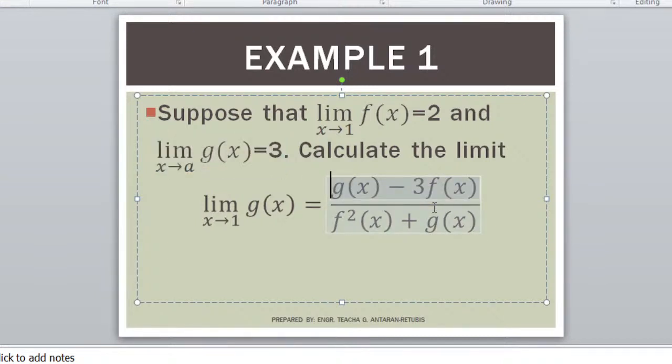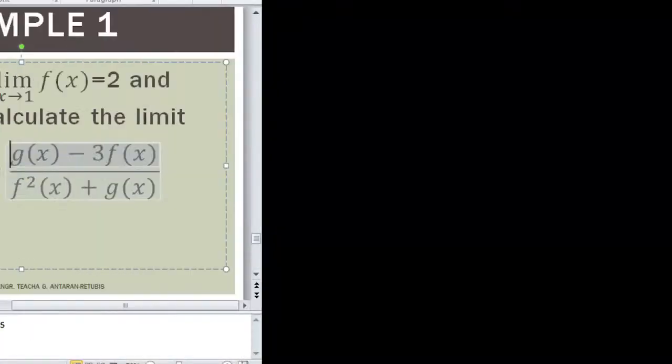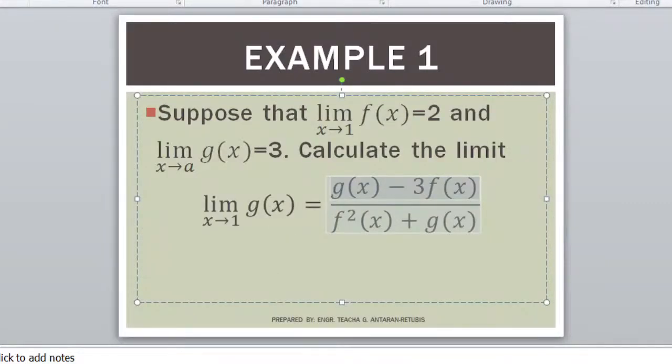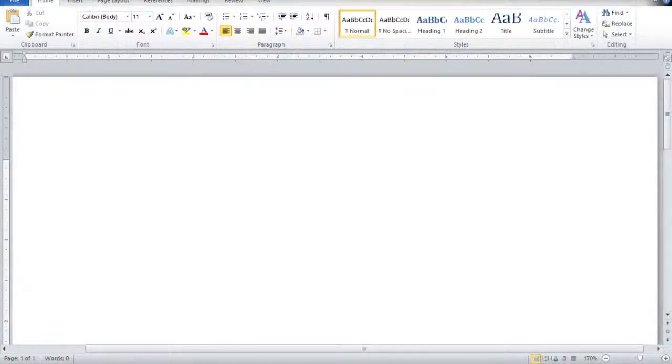Before that, let us first write our function in the Microsoft Word.